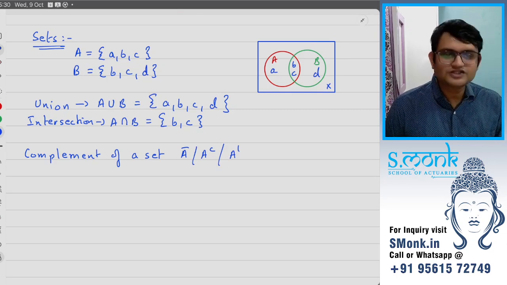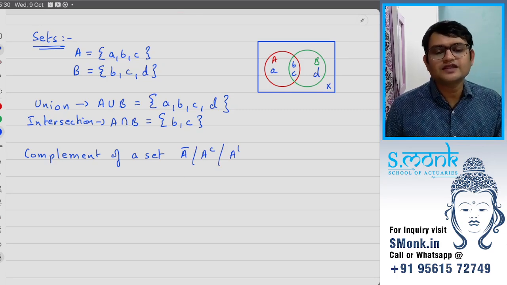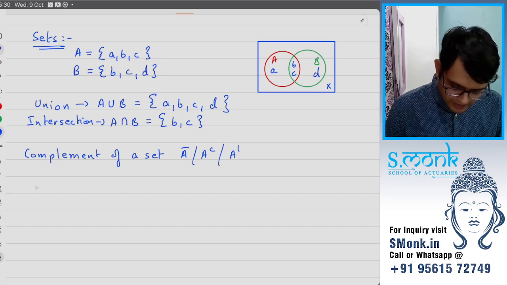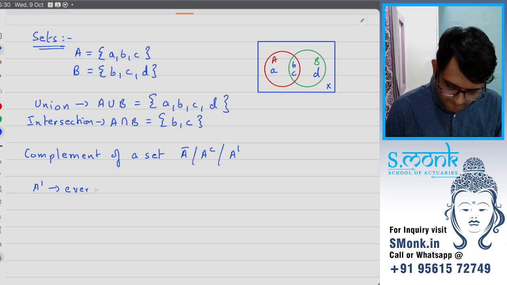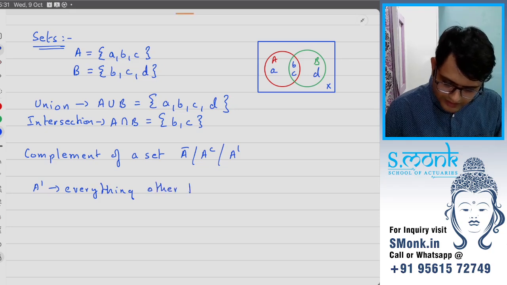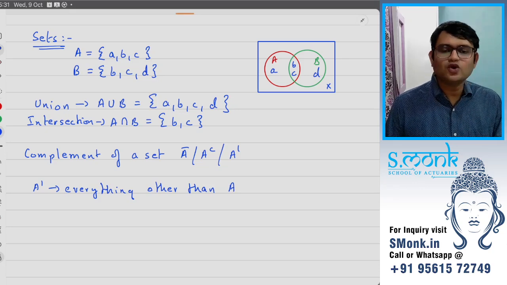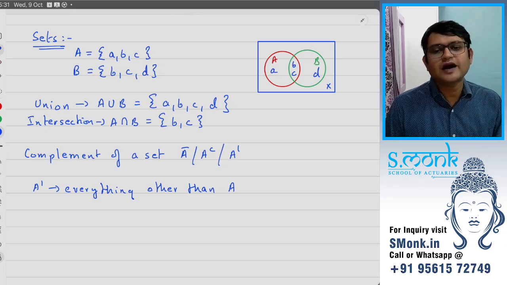And a complement just means everything other than that set A. So when I say A complement, I mean everything other than A. So it will be the whole universal set minus whatever is in A, that comes into everything other than A.